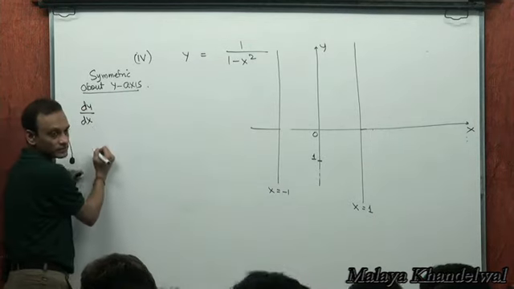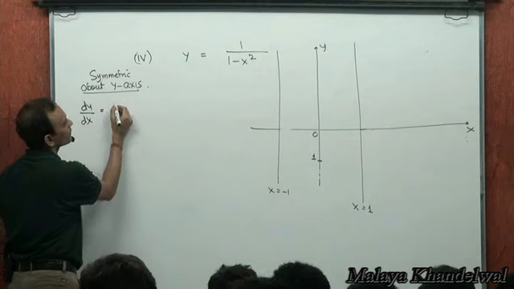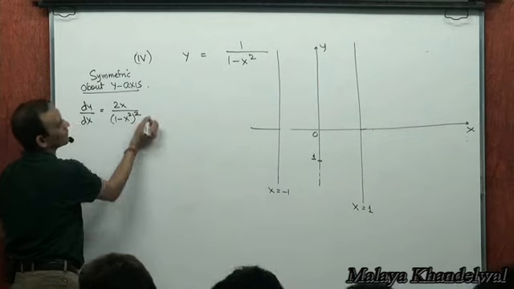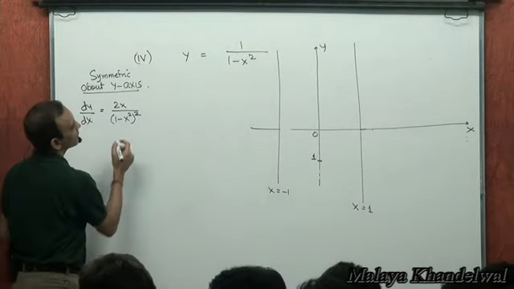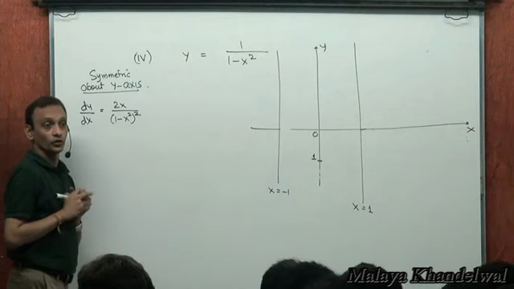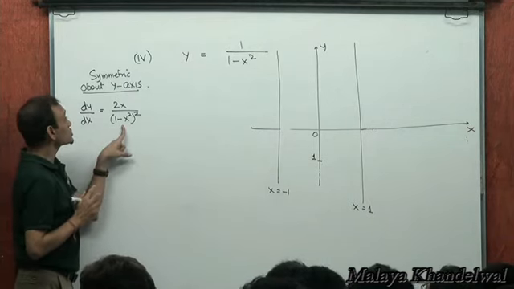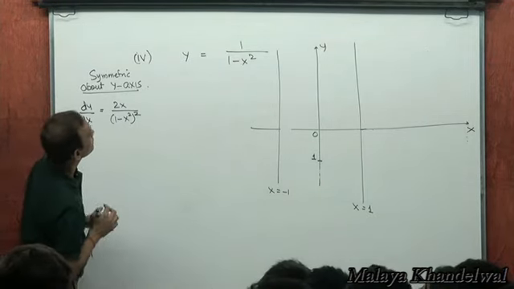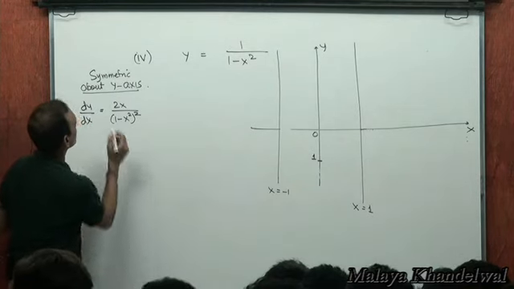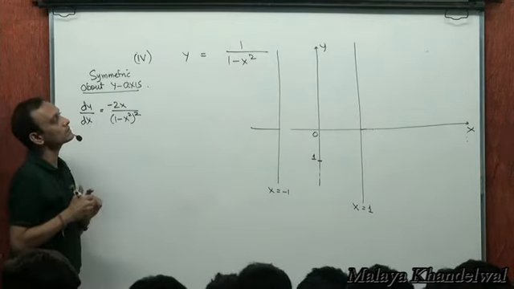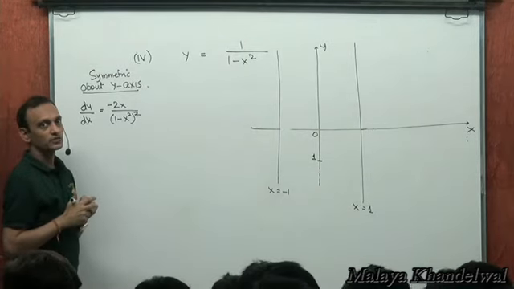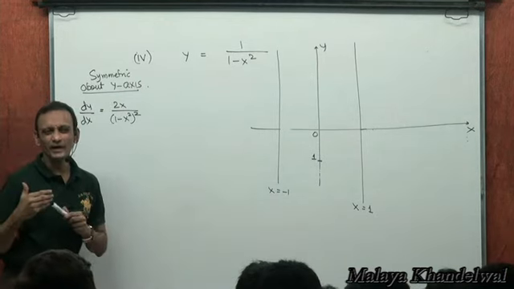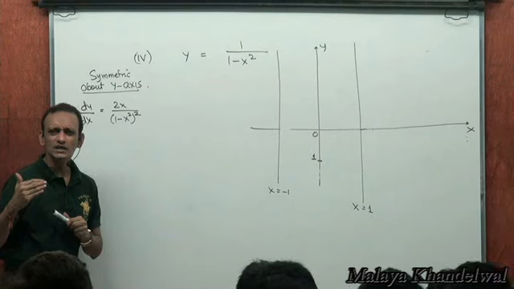Now, check this dy dx. Yes or no? Right? When x is less than 0, dy dx is minus 1 by minus 2x plus 2x, sorry. When x is less than 0, dy dx is negative.